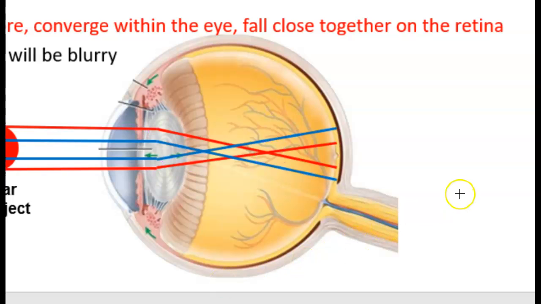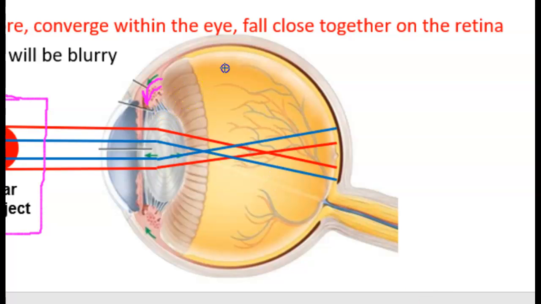So we need a thick lens to see near objects. And to get a thick lens, we need the ciliary muscle to contract.